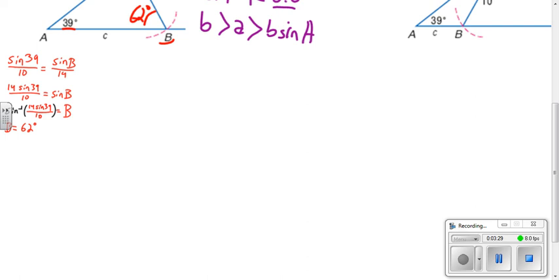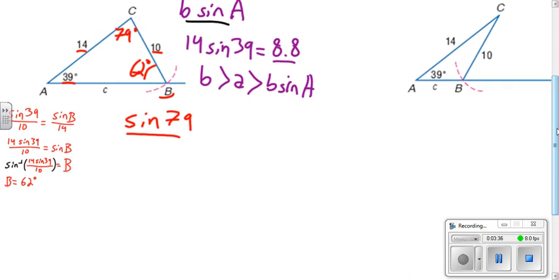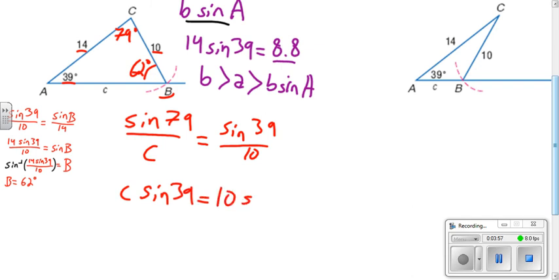To solve for C then, we would say sine 79, which again was our C value, over C equals sine of 39 over 10. Then again we just cross multiply and divide. So we would have C sine 39 equals 10 sine 79. Divide by that sine of 39.